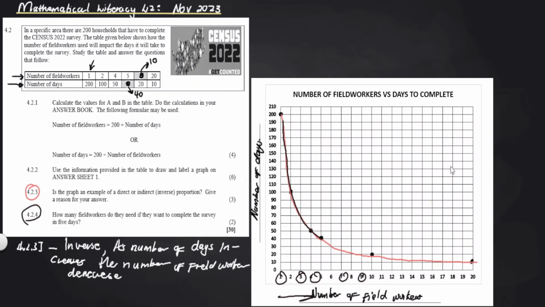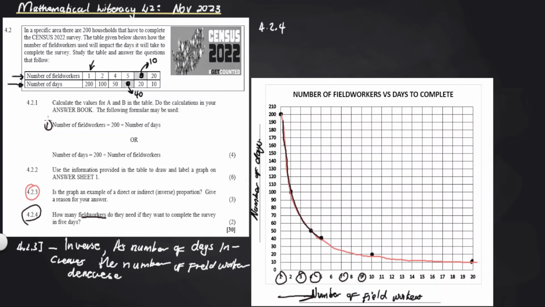Now 4.2.4, last question. How many field workers do they need if they want to complete the survey in 5 days? We want to calculate the number of field workers.